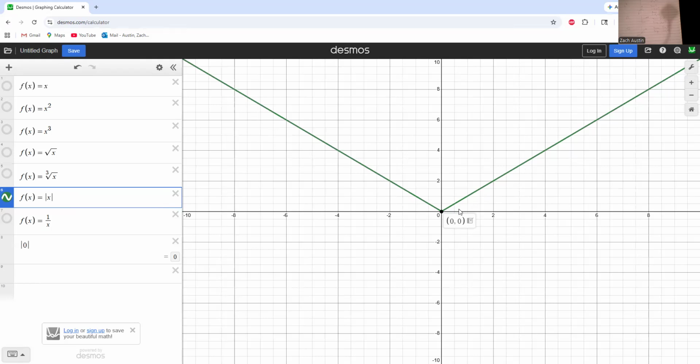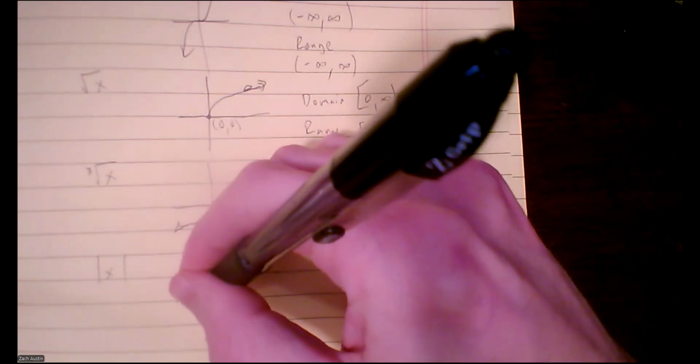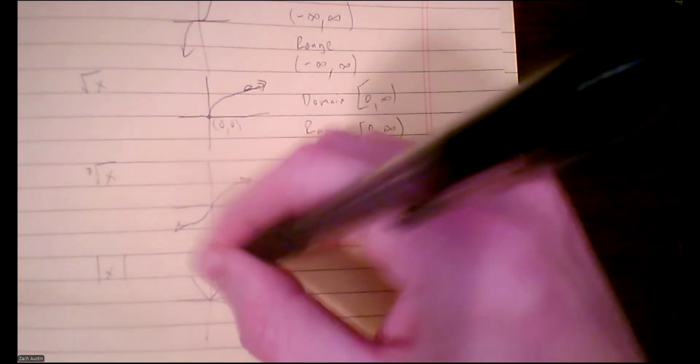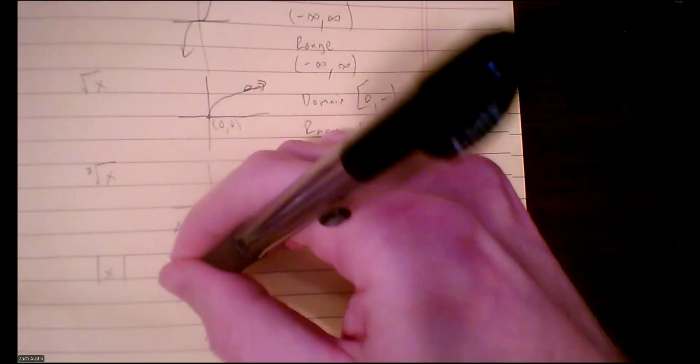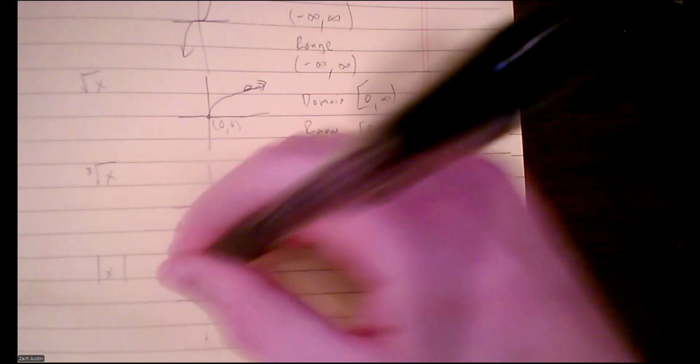Okay, so let's talk about domain and range for this thing. If I've got the absolute value of x, we get this V-shaped graph. Sharp point here, no curve at all. In fact, there's no curves in this graph at all. There's no concavity. Just two, we call these rays.